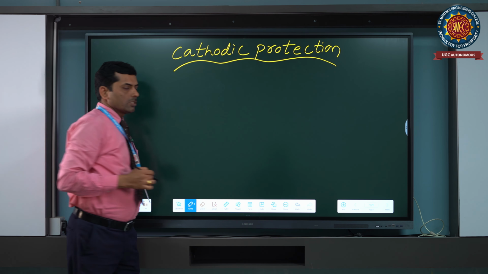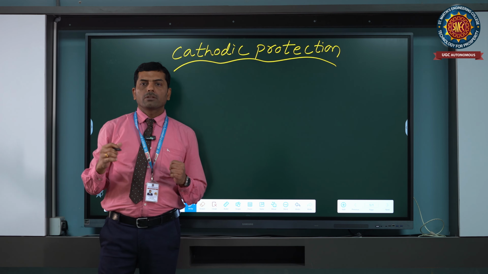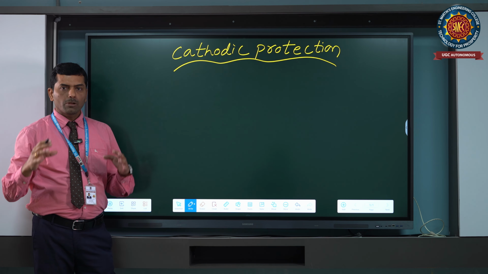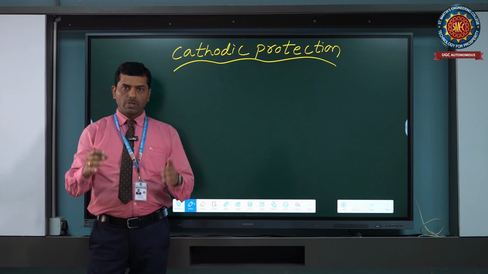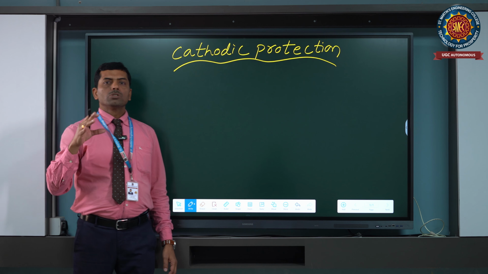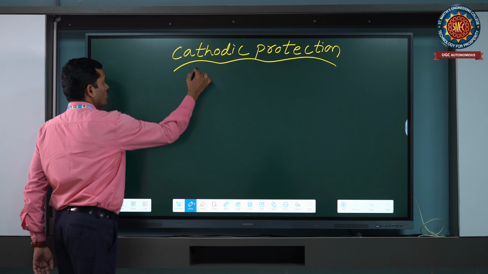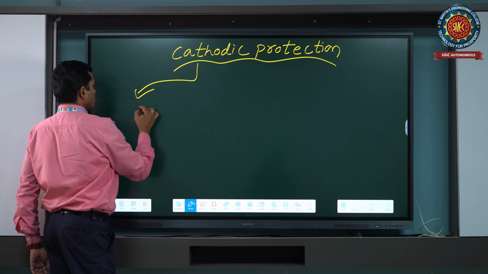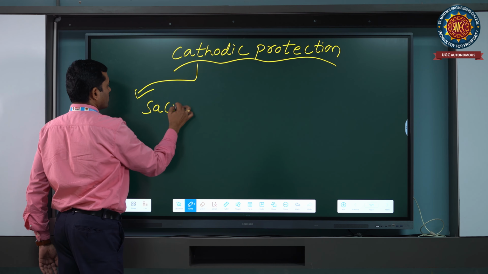Cathodic protection is where we convert the active metal, or the protected metal, into a cathode. We are converting the protected metal completely from anode to cathode. In that way, we can go for two methods. The first is the sacrificial anodic method.